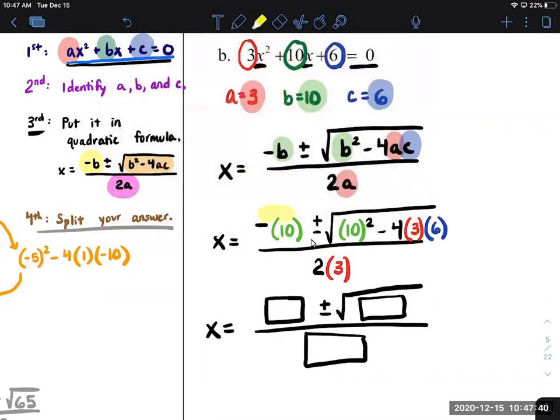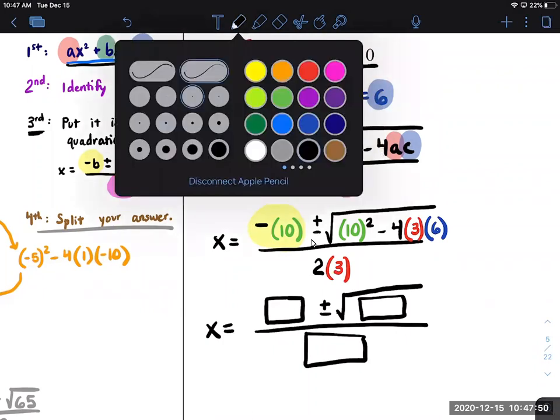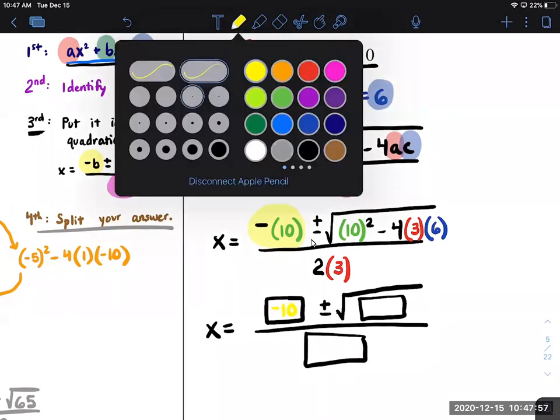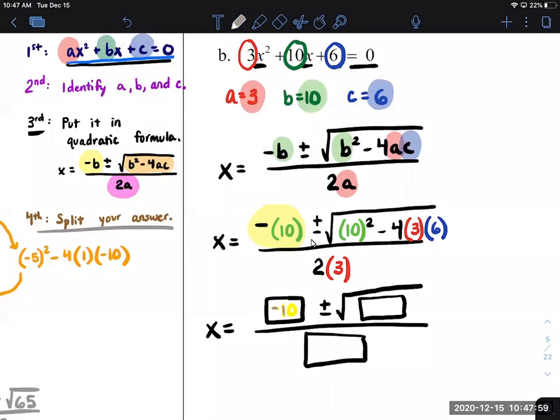So the first part I'm going to simplify is the part in front of the plus or minus sign. I have negative 10. This is just negative 10, so you keep it. Let's see if I can write in yellow, just like negative 10. I'll retrace that in like a gray so that way you can see it. But that's where the yellow thing went.